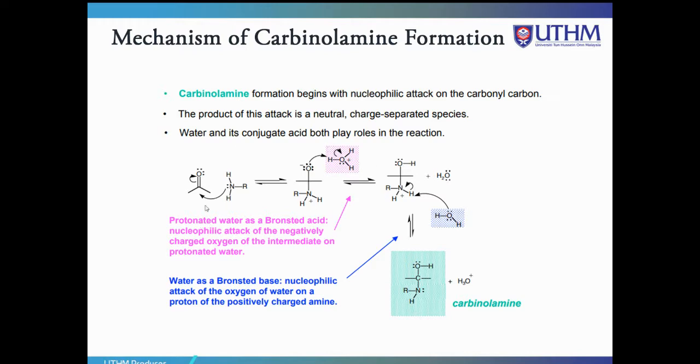In the mechanism illustrated below, the protonated water acts as a Brønsted acid, donating a proton to the negatively charged oxygen of the intermediate. Water acts as a Brønsted base, with the oxygen of water taking the proton from the positively charged amine.